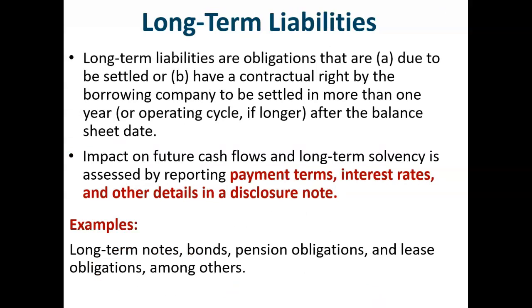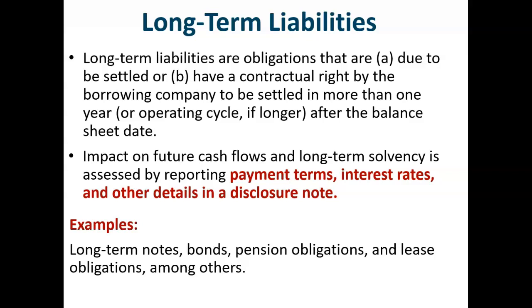Long-term liabilities are obligations that are 1. Due to be settled, or 2. Have a contractual right by the borrowing company to be settled in more than 1 year, or more than the operating cycle if longer. Examples are long-term notes payable, bonds payable, pension obligations, and lease obligations.